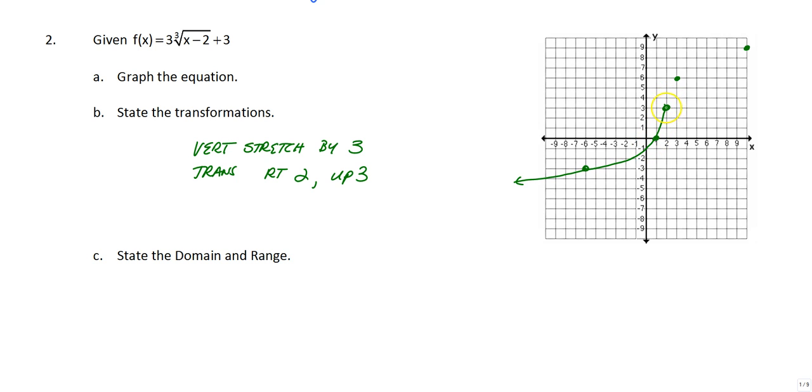And that's because we can take cube roots of positive and negative numbers, but we cannot take square roots of negative numbers. That's why the last one only went in one direction. So for this one, the domain is x equal to all real numbers, and your range is y equal to all real numbers. And it always will be that way for odd roots.